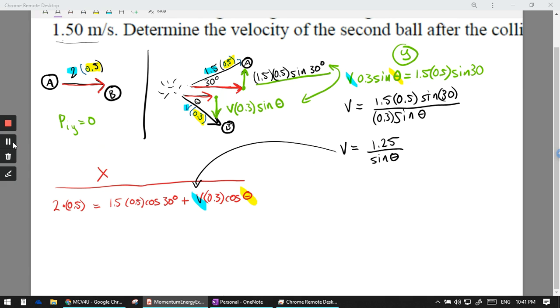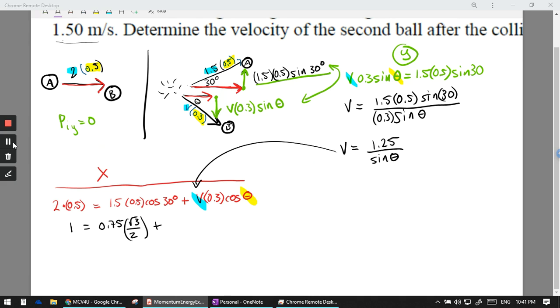And so I'm going to take this red equation and crunch this thing down a bit. So we've got 0.5 times 2. Well, that just turns out to be 1. 1.5 times a half is 0.75 times the cosine of 30. Well, that's the square root of 3 over 2. We might want to put that as a decimal a little later on.